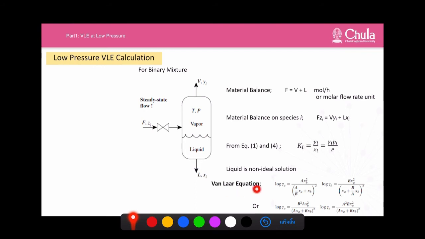We can use the van Laar equation or another type of activity coefficient model to calculate this activity coefficient. What about Pi? For Pi, or saturated vapor pressure, you can use the Antoine equation to calculate it.